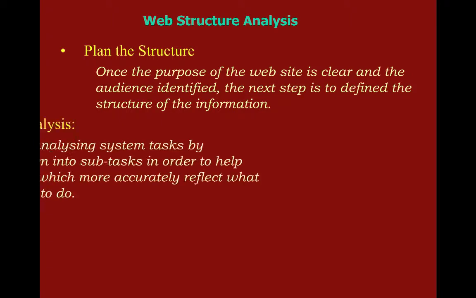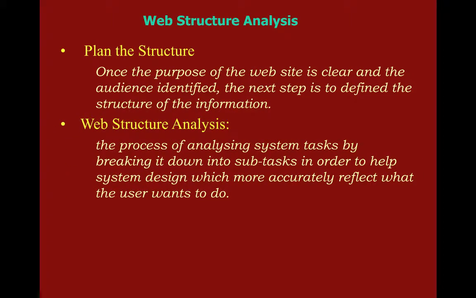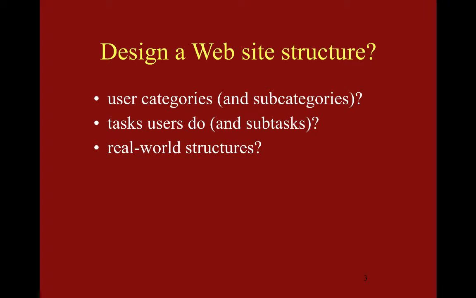So in any website, we need to design the structure, we need to plan for the structure. And the key idea is that the website structure should reflect the categories of users, and you might also structure your website according to tasks and subtasks.